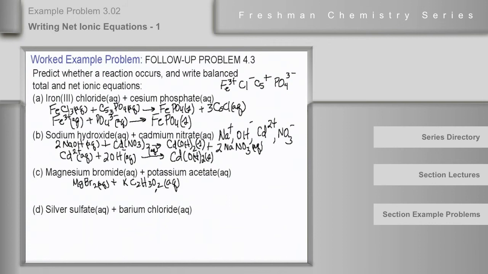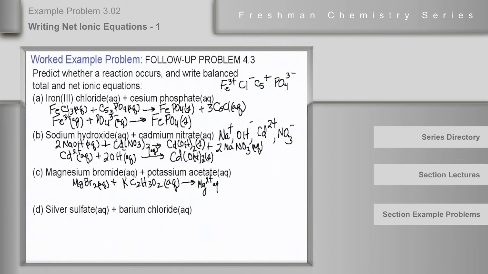Now, the solubility rules say that all potassium salts are soluble, and acetate compounds are also soluble, ionic compounds of acetate. So there is no driving force for any reaction here. All that happens in this case is we would just form the ions in solution.